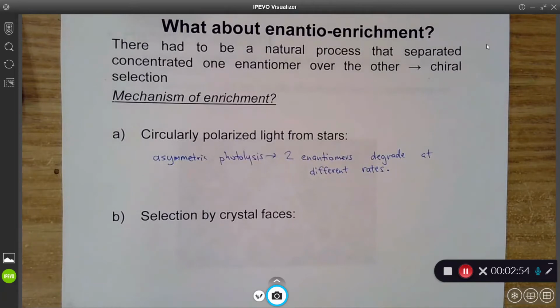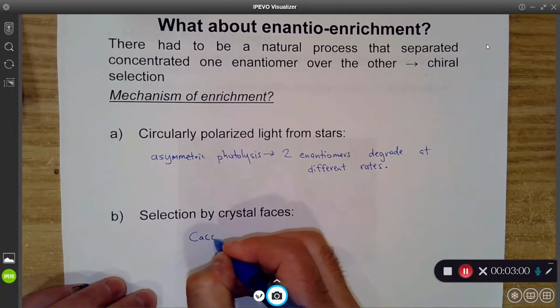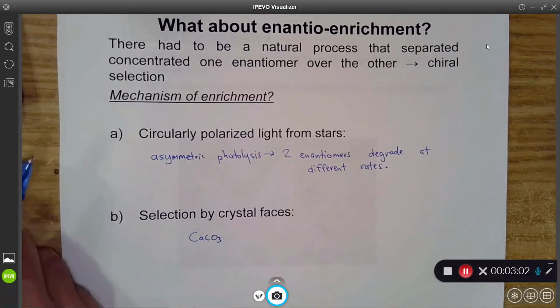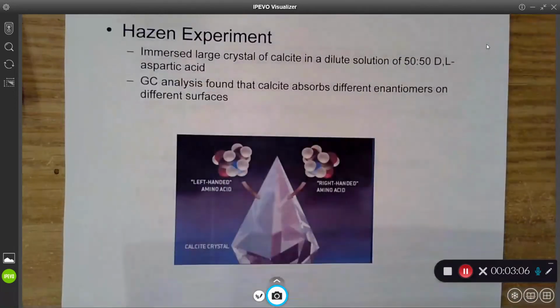The other one is the selection by crystal faces, and this is using something like a calcium carbonate surface. And I'll come back to the slide in just a little bit, but what I want to talk to you about is this experiment here called the Hazen Experiment.